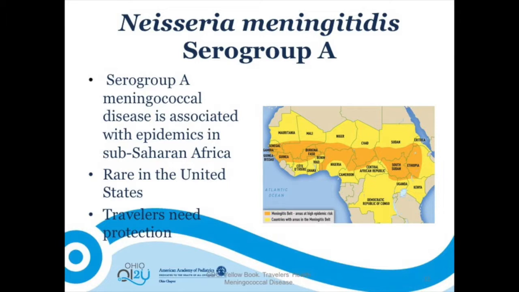Neisseria meningitidis serogroup A disease is rare in the United States, but there are many people who travel to these areas for work and tourism, so offering them protection against the acquisition of meningococcal serogroup A disease is important because many of these countries do not have advanced ICU care to manage severe meningococcal disease.